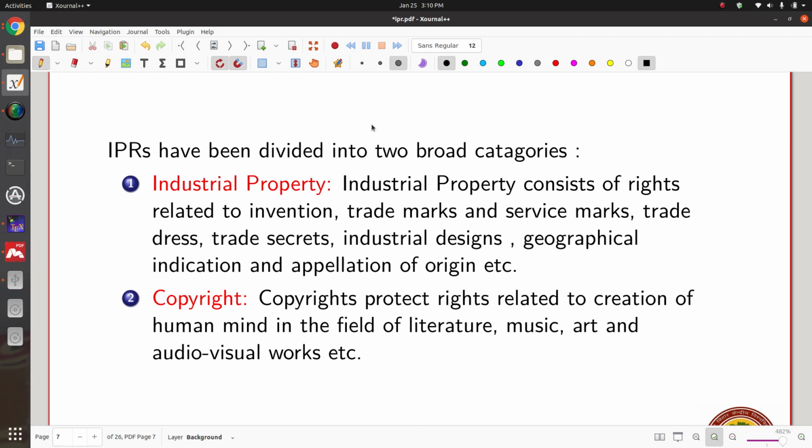Copyright protects rights related to creations of the human mind in the field of literature, music, art, drama, audio visual works, and any other literary work, like film, music, dramas, and so on. So actually there are two categories: one is industrial property rights, and the second is copyright, which covers literary work, and there is a set of rules related to it.